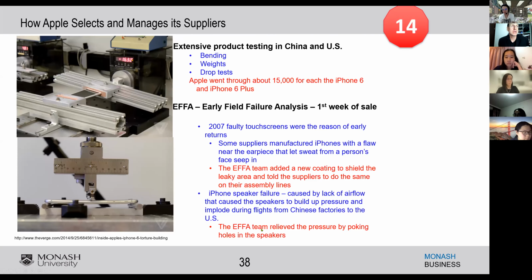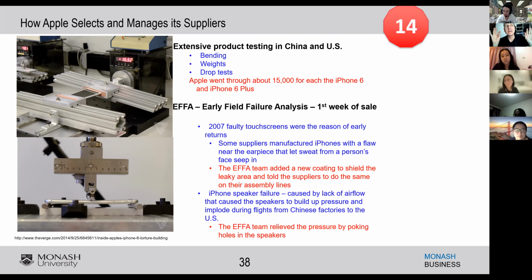Number 14, 3 more to go. Extensive product testing is done. Even for iPhone 6, and they're doing this for 7, 8, 9, the current iPhones out. 15,000 steps of bending, weight, drop tests. Others are all doing this, but Apple just goes to the nth degree. But what is really interesting is early field failure analysis in the first week of sale, it's all hands on deck.